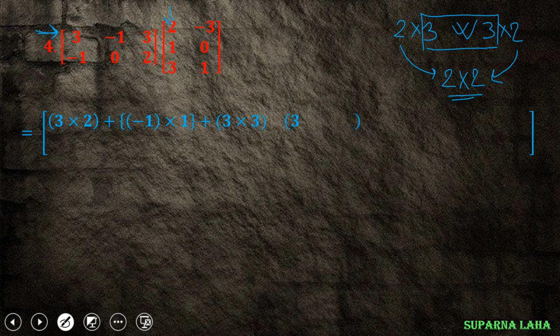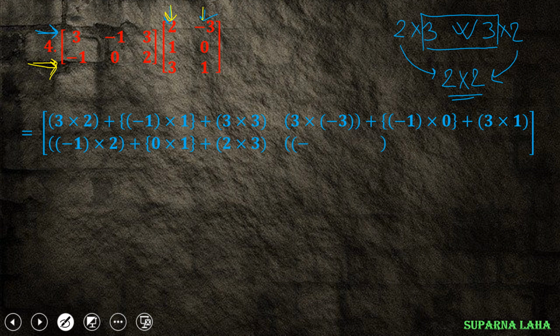First row with second column, 3 into minus 3 minus 1 into 0 plus 3 into 1. Now moving to the second row, first column, minus 1 into 2 plus 0 into 1 plus 2 into 3.